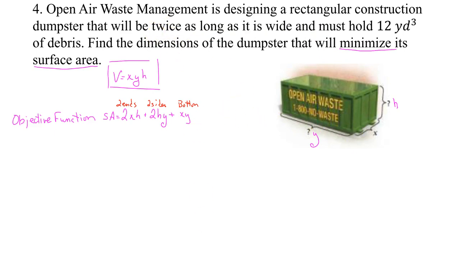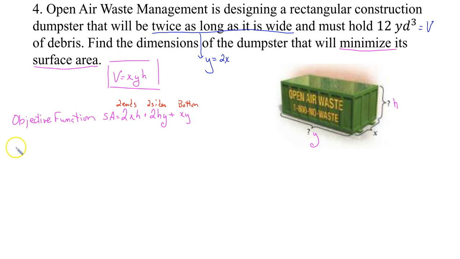So from this information, twice as long as it is wide, I can write the equation that y is equal to 2x. So I'm going to take this information, and the fact that volume is 12 yards cubed, and put all of this together in an equation that I can solve for x.